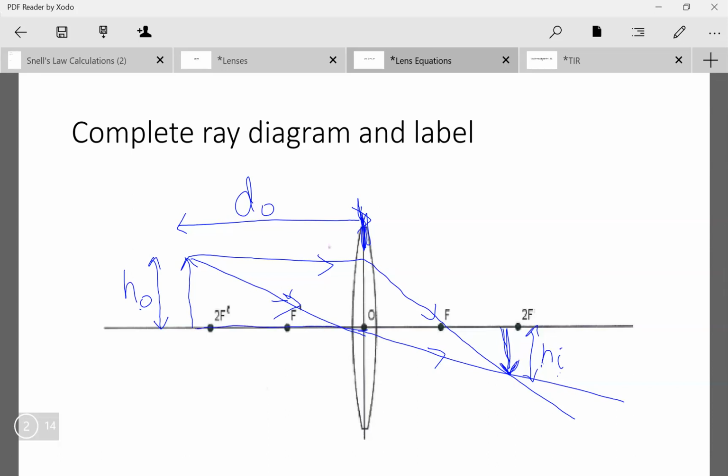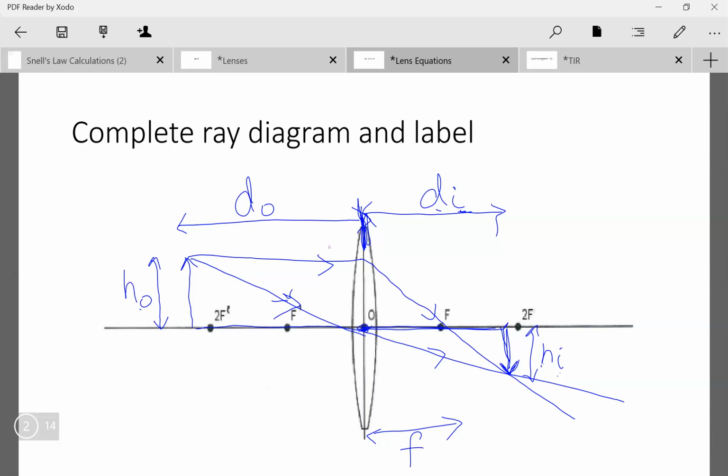Similarly, we have DI, which is distance of image from the optical center of the lens. The last thing we have is our focal length, which is defined as before, distance from optical center to the focus.